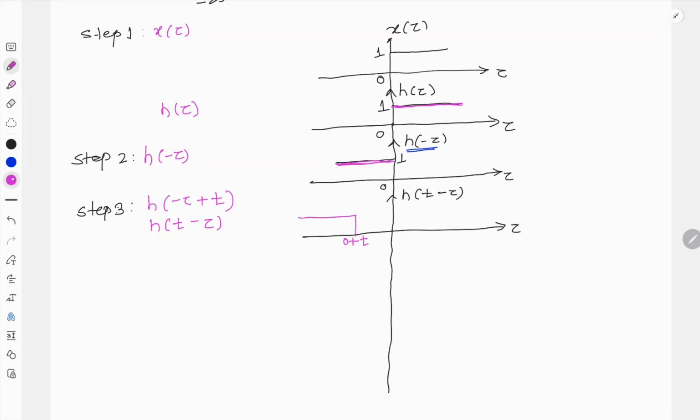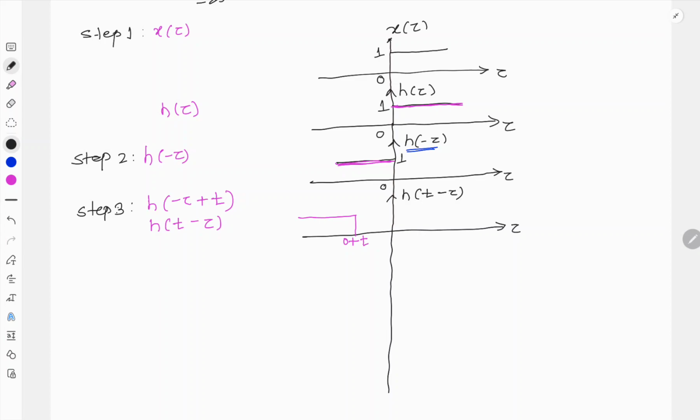So simply pick up this h of minus tau signal, shift it towards the left-hand side. The shift will be before your x of tau signal, and place this signal over here. Whatever is the coordinate for h of minus tau, it starts at 0, so write it as it is and simply add plus t to it. This will give us the h of t minus tau signal.